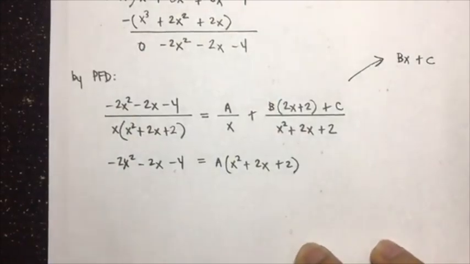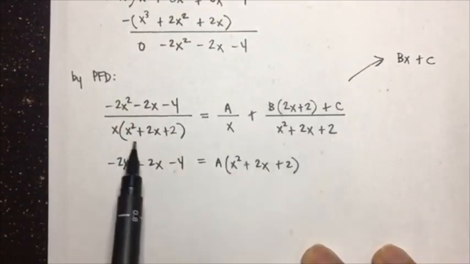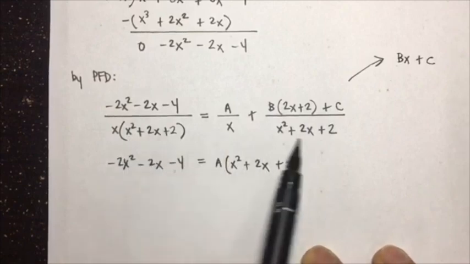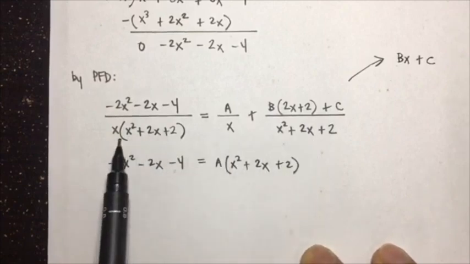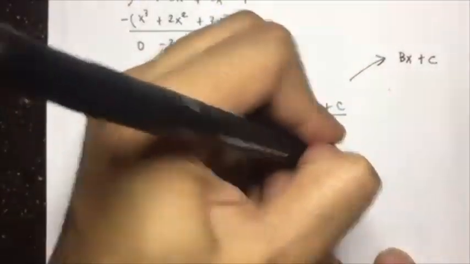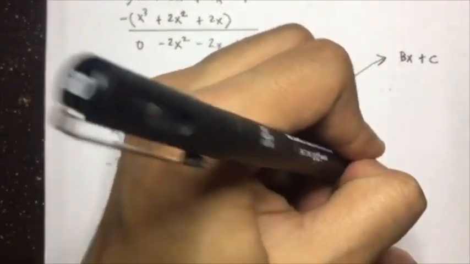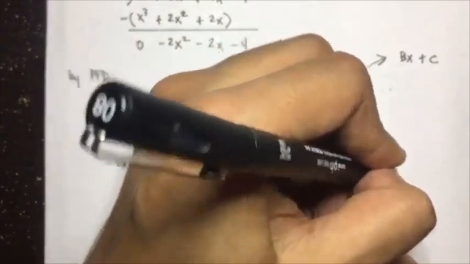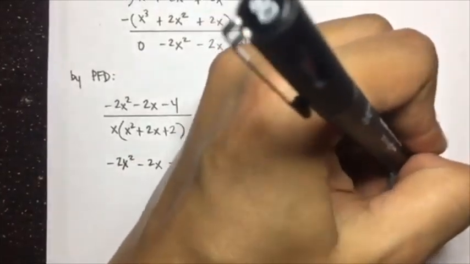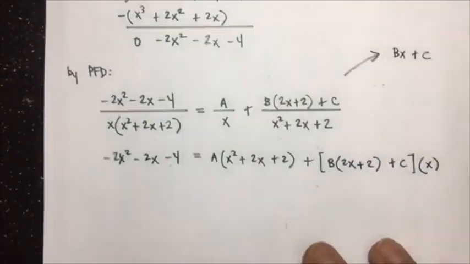Okay, and then again doing it on the second term, it will cancel x squared plus 2x plus 2, and what will remain is x. So therefore we will have b times 2x plus 2, plus c multiplied by x.